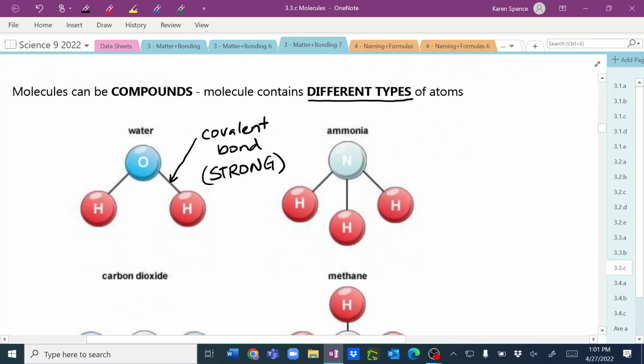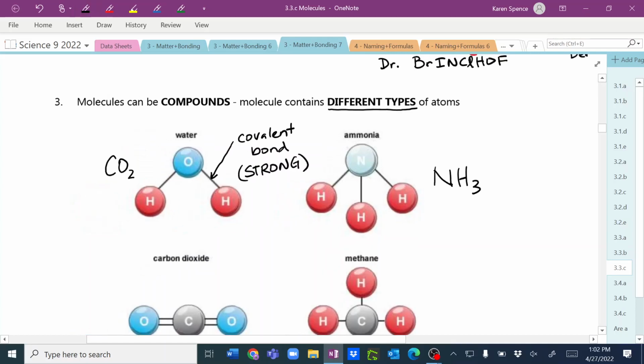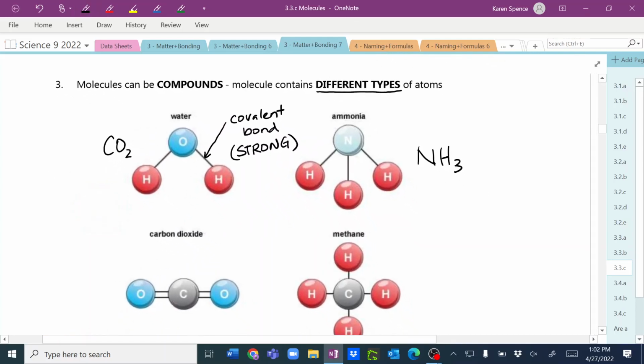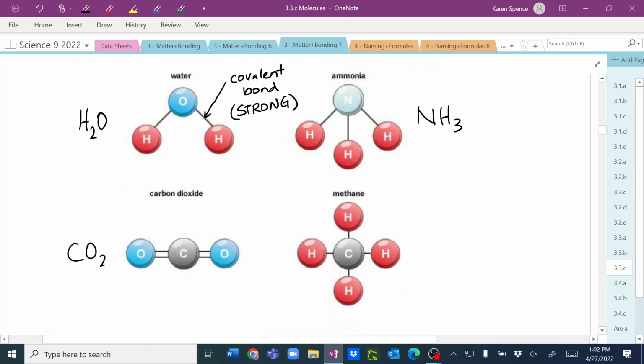We have ammonia, NH3. Carbon dioxide, CO2. No, that's not carbon dioxide. What am I doing? Carbon dioxide is down here, CO2. This one is water, H2O. And methane, what's the formula for methane?